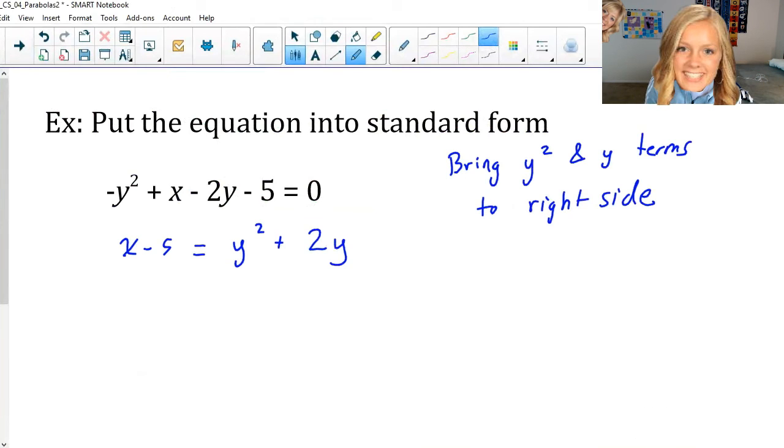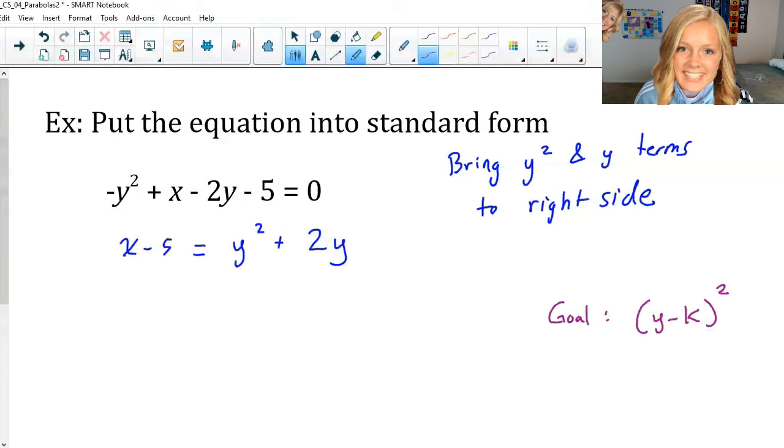All right, now my goal on the right side or left side or whatever is that I want y minus k squared. Well, I don't have that right now.